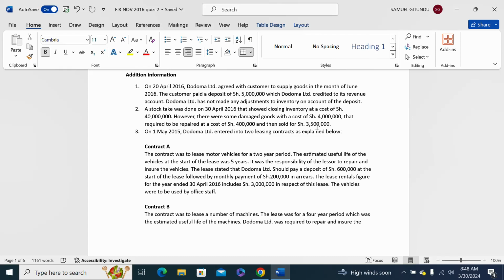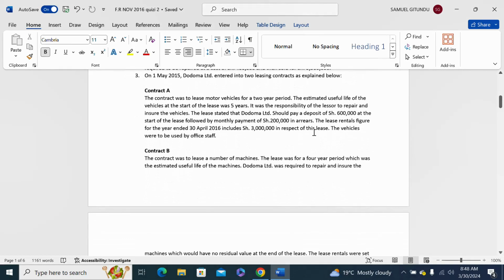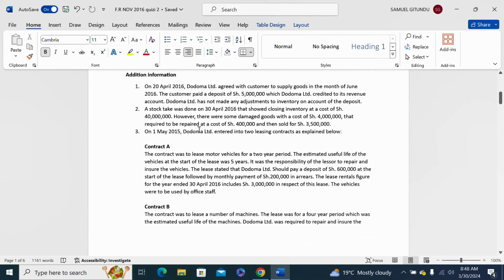So in this part, we are going to find the cost of these damaged goods, which is 4 million. That is the cost of the damaged good. And then this damaged good can be sold for 3,500,000 after being repaired for 400,000.